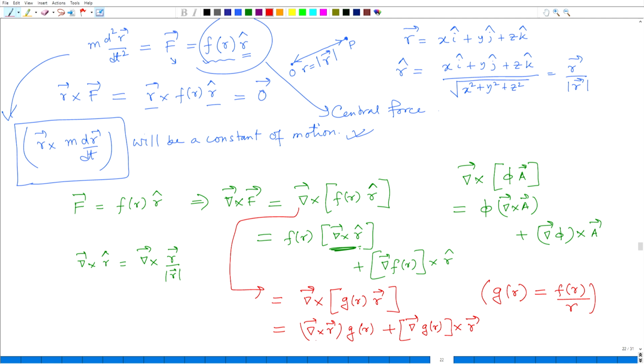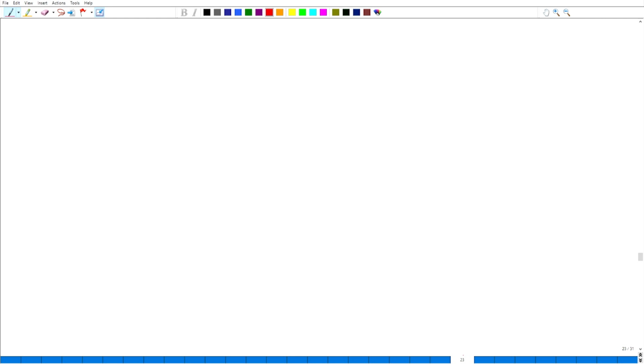In the last lecture we showed explicitly that this is 0, so this term will go away. Then the gradient of g, where g is a function of r, is actually another function h(r) times r cap.